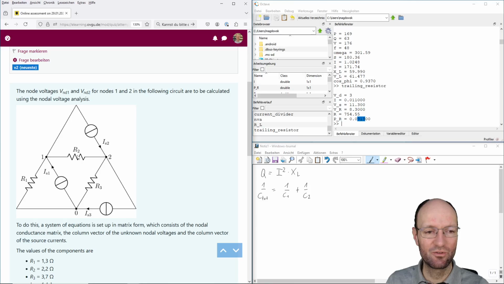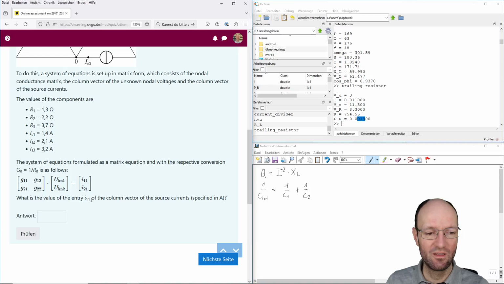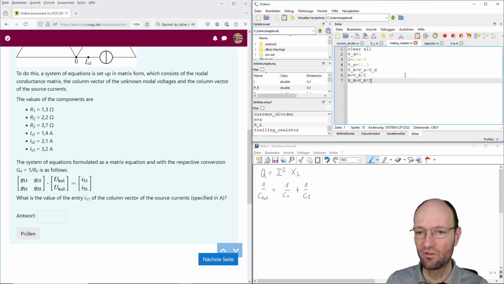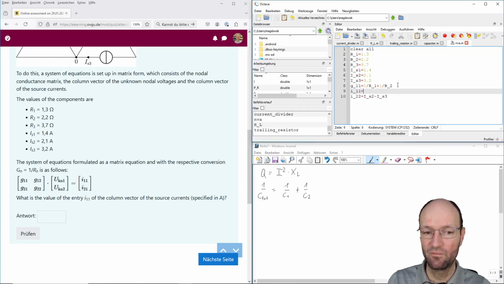is once again related to this nodal voltage analysis, and similar question, what is the entry, the first entry in this vector of source currents?